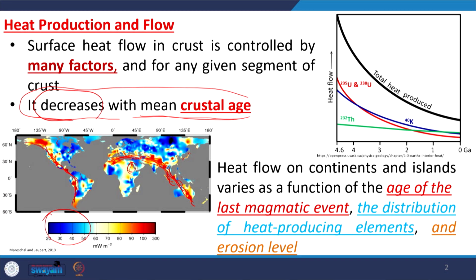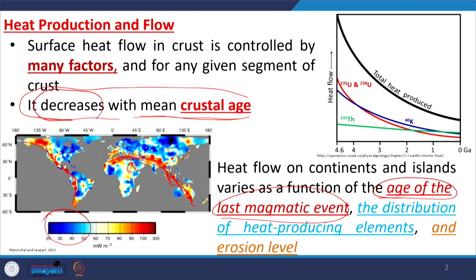Heat flow on the continents and islands varies as a function of the age of the last magmatic event, the distribution of heat producing elements, and the degree of erosion. Here there are three factors discussed. One is the age of the last magmatic event. When there is a magmatic event, there is an increase in heat. So if the last magmatic event is near to the present time, the region is experiencing high heat flow.